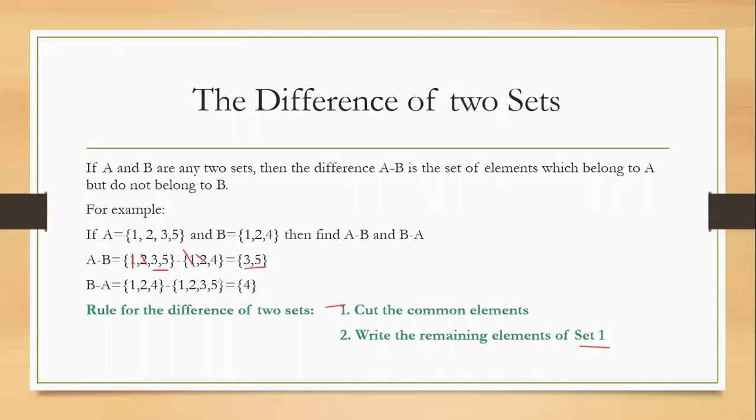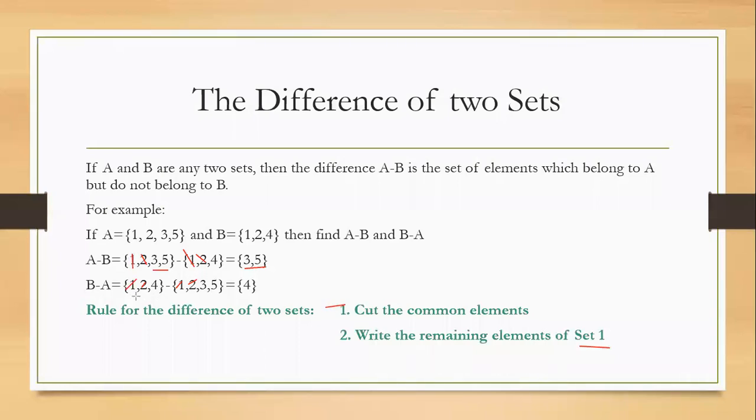Okay. Now, B minus A. First, copy down the set B minus the elements of set A. Now, rule number 1 is cut the common. Cut the common 1, 2. Is there any more common element? No. So, write the remaining elements of set 1.